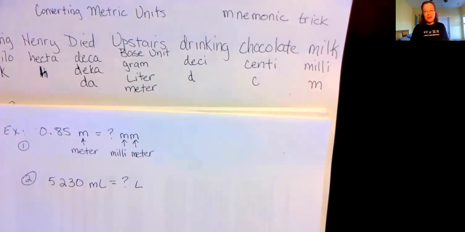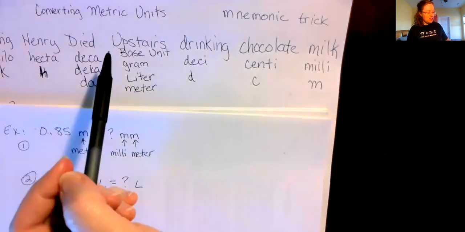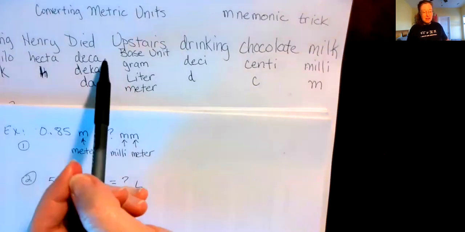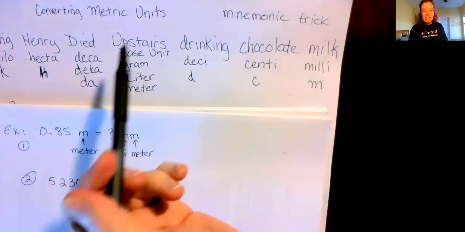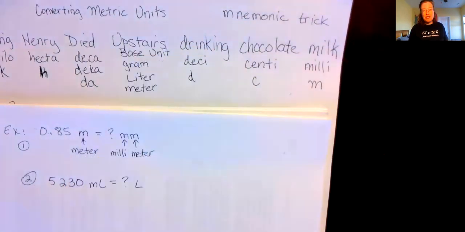But you don't have to use the ones that are given to you because those may not click as well for you. Go ahead and have some fun coming up with words to represent K, H, D, U, D, C, M, or whatever you want for the base unit. It could be a B. I used to say Monday instead of upstairs to stand for main unit, but then people got confused because there were so many M's.